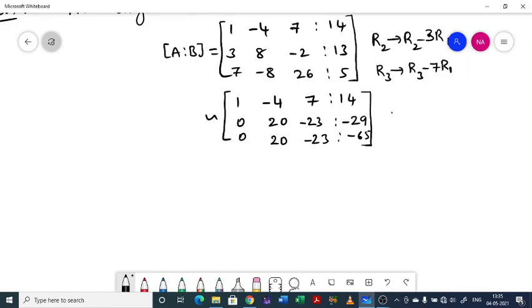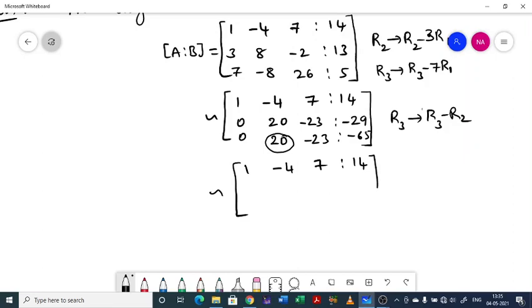Now my aim is to reduce this to 0, so R3 minus R2: 1 minus 4 7 14, 0 20 minus 23 minus 29, 0 0 0, here we will be getting minus 36.